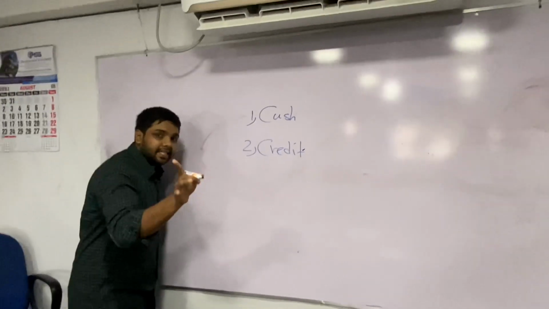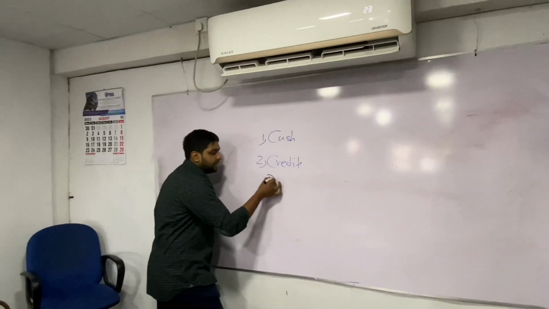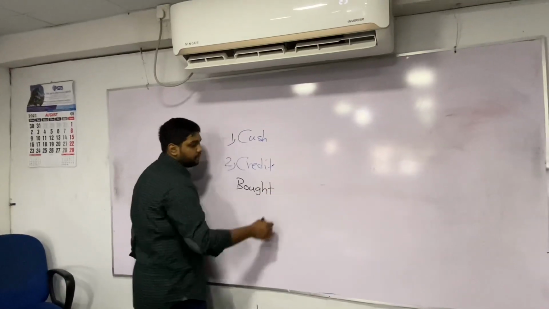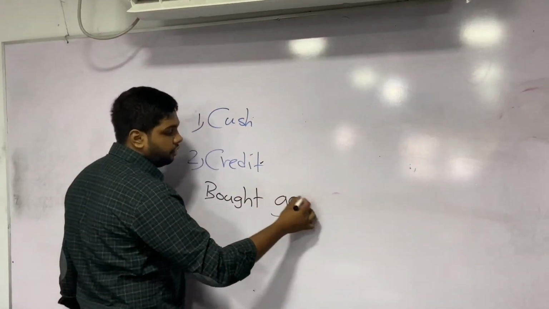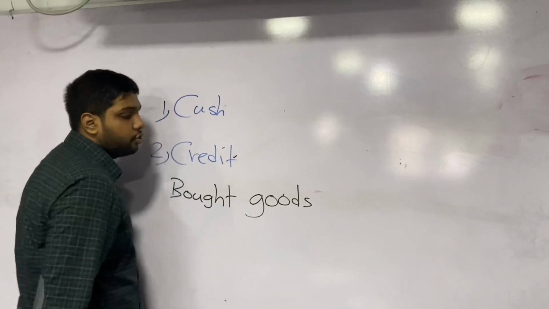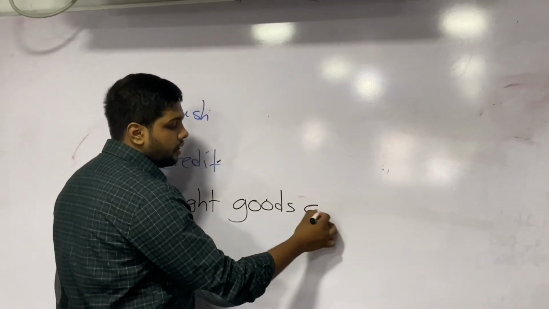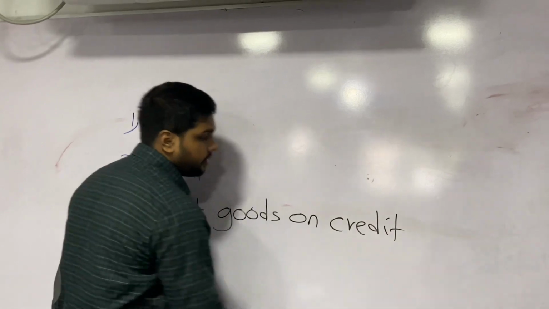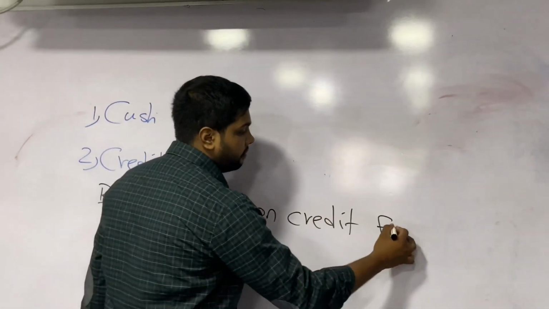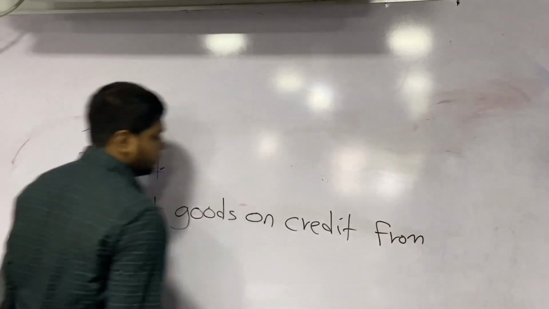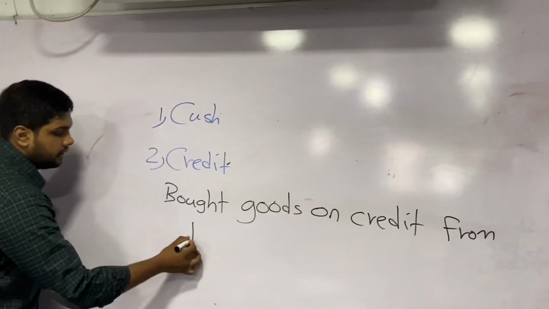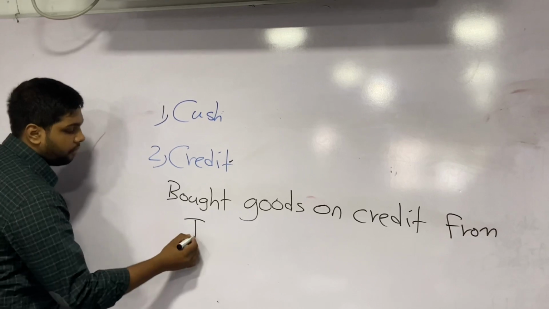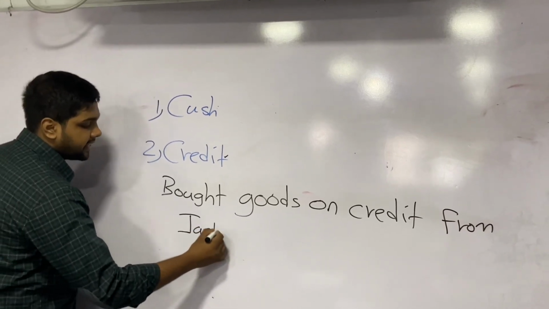In a transaction, if you see, zoom in, the writing part: bought goods on credit from Jackson.